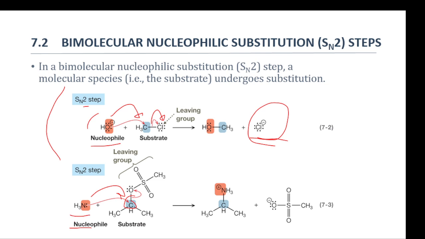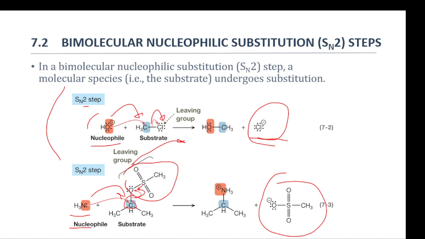And so if we donate an electron pair into a bond, what's going to happen to the charge on that nitrogen? You'll have a formal charge that's now positive, won't it? Okay. And then the leaving group right here is going to leave. That gained an extra electron by taking the electrons in that previous bond. And so that will leave with a negative charge here. Is everybody okay with that so far?